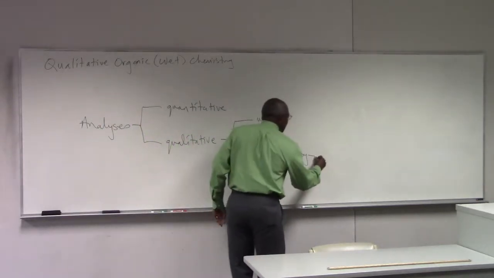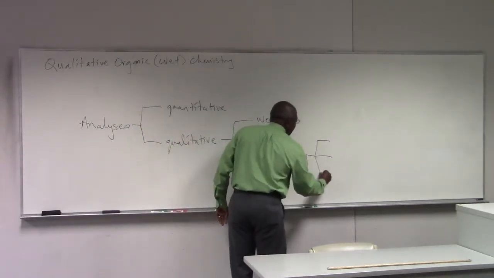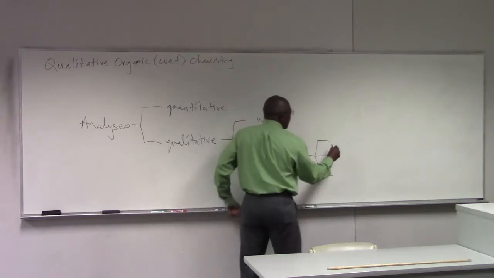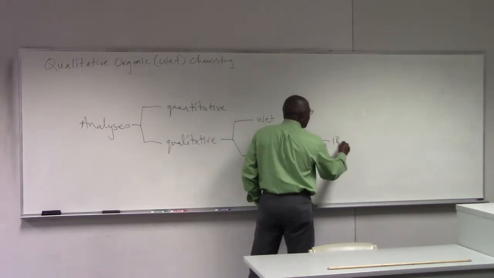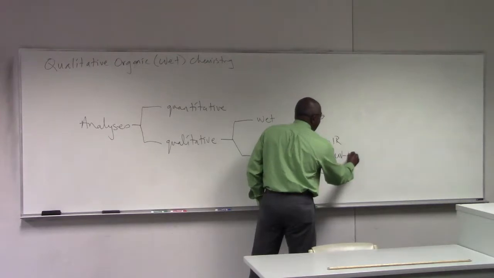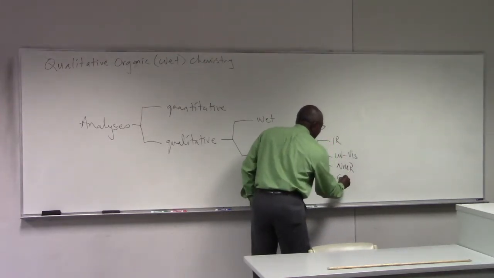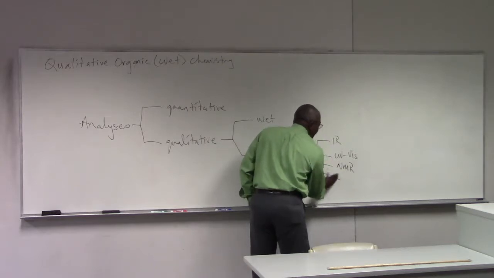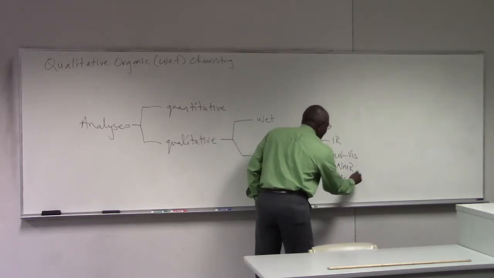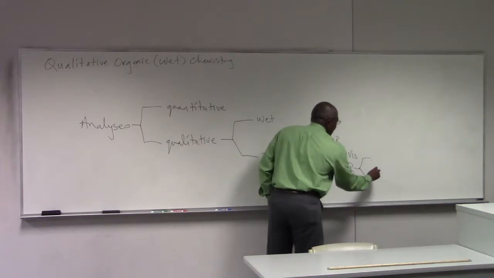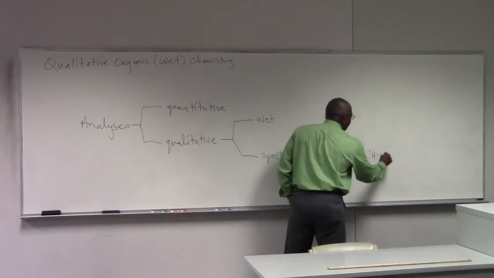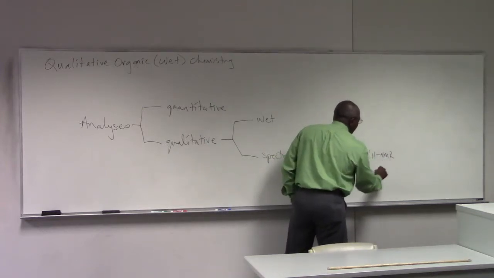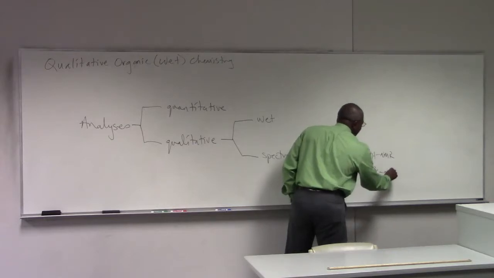For spectroscopy, we're looking at 4 different areas. We'll be looking at IR, at UV-Vis, at NMR, and then at what basically is mass spec. And for NMR, it is both proton NMR, and we look a little bit at carbon-13 NMR.